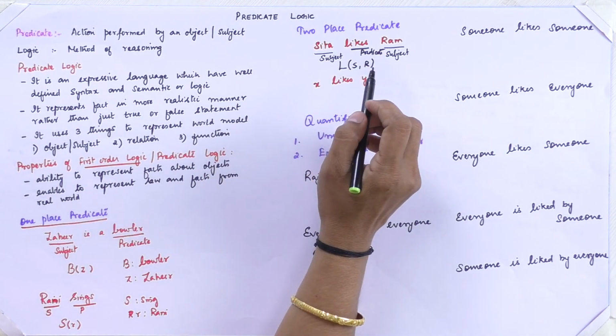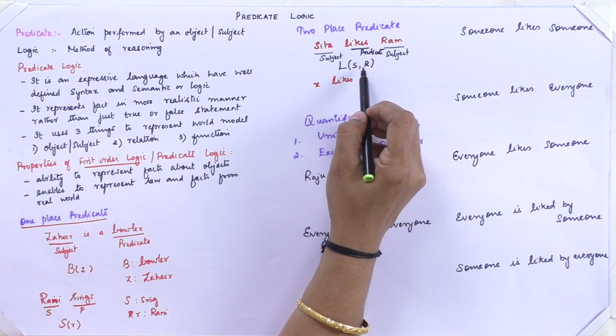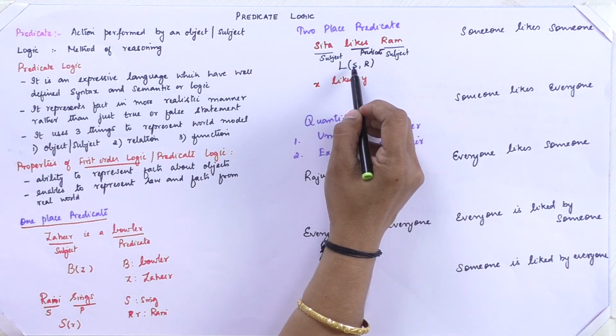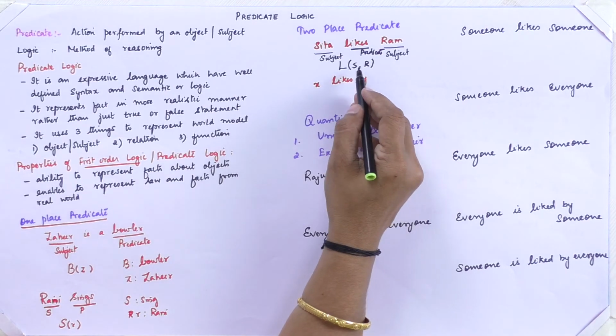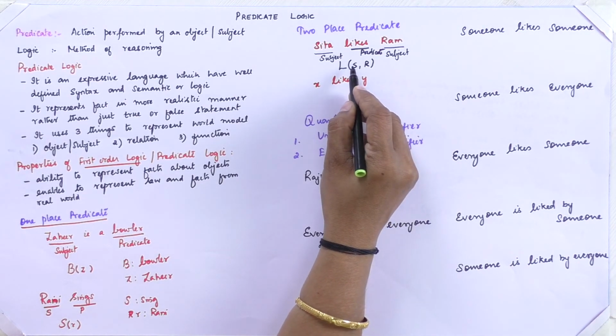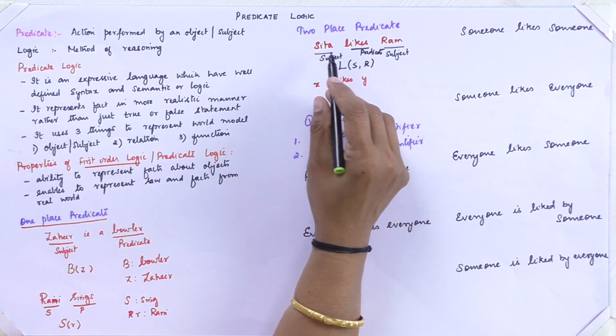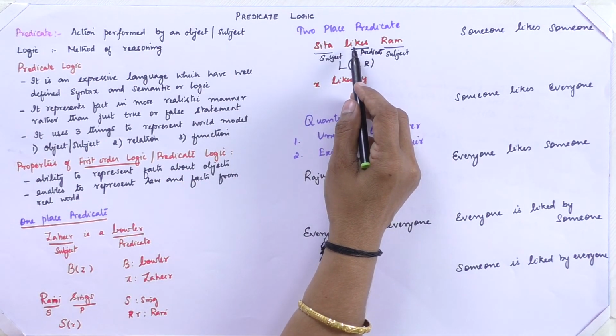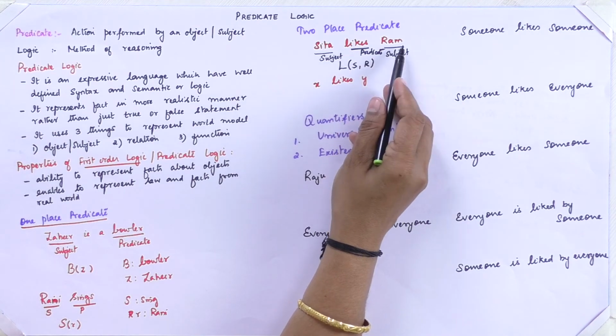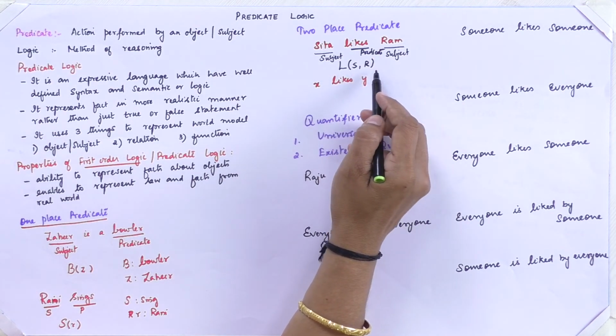So L of S, R says that Sita likes Ram. Suppose I write it as R, S, it means Ram likes Sita. But the given statement says that Sita likes Ram. So this is the only way we have to express it.